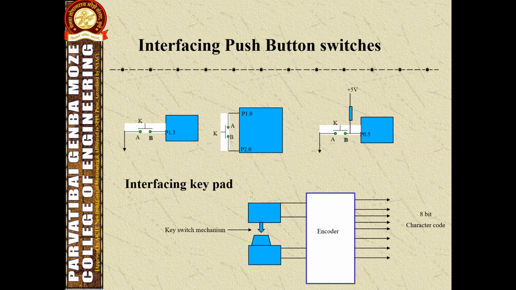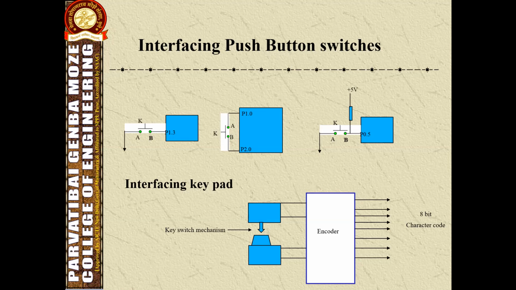If the push button K is not pressed, then this pin is read as logic high, because no ground connection occurs to this pin.